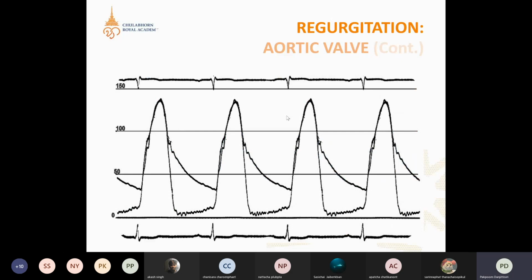This is the tracing showing the patient who has aortic valve regurgitation. You will see that the systolic pressure of the aorta and the diastolic pressure of the aorta are quite far apart.